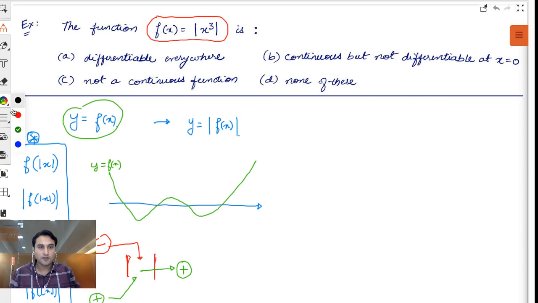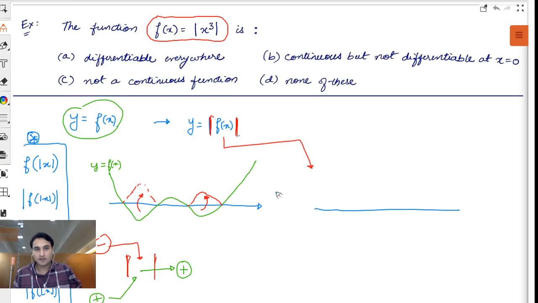Very simple. So let's translate that into the graph. So when you do the Baba of fx or mod of fx, this Baba will make this negative portion come up and become positive. So actually your graph will look like this. So if I were to plot the graph of y is equal to mod of fx, the graph will actually look like this. See carefully. Positive will remain positive.